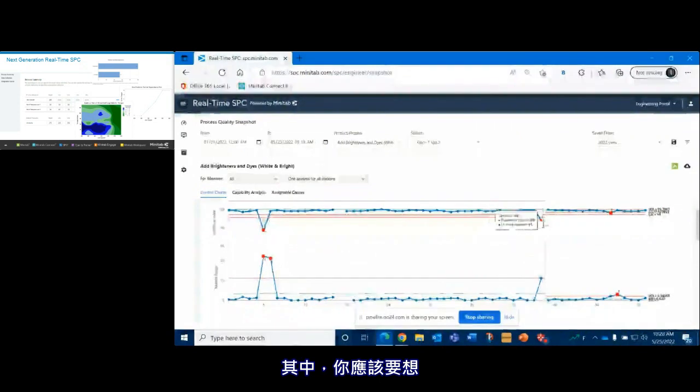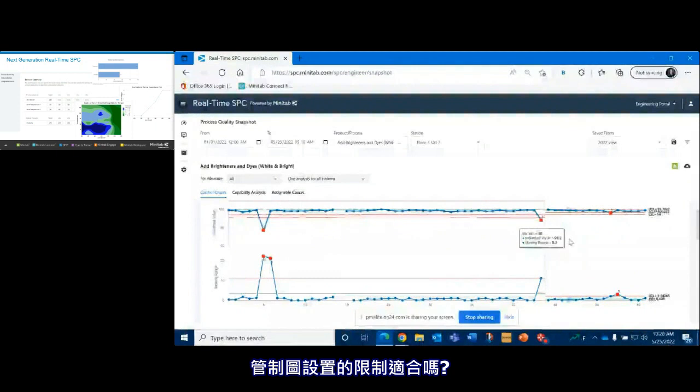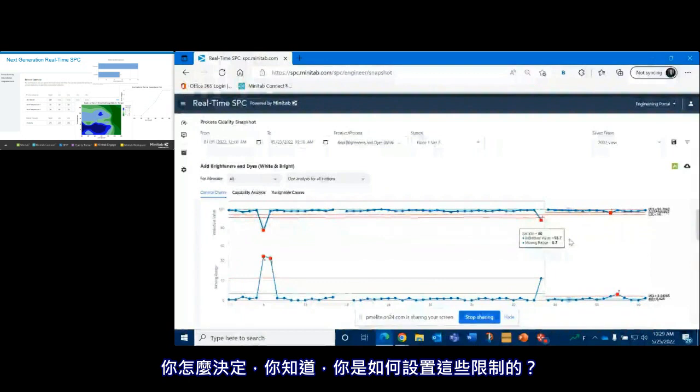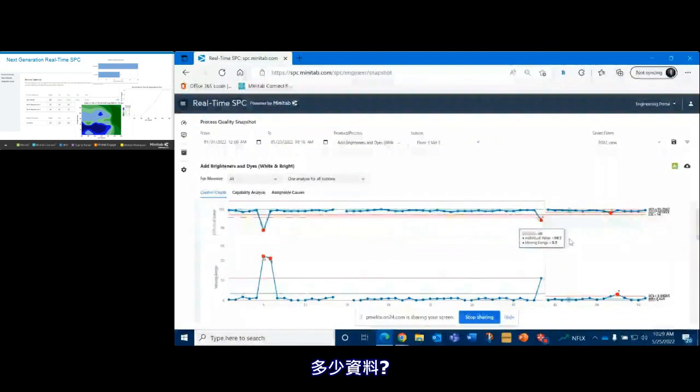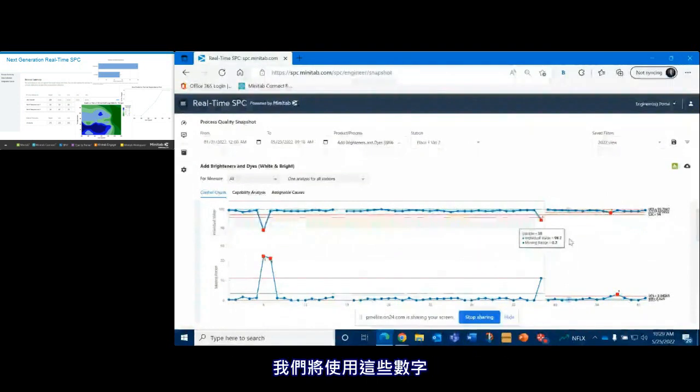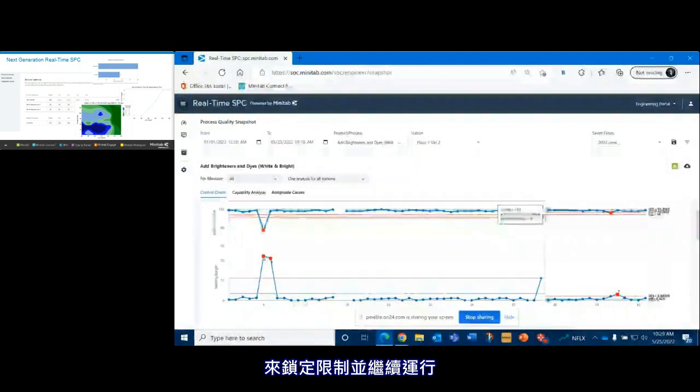One thing you have to think about with control charts is setting those limits and how much data you are using. This is a little different than, say, using control charts in Minitab, where you need to decide how you are setting those limits, how far back you go with the data, and when you decide, okay, these are the limits, and we're going to use these numbers to lock the limits and keep running.